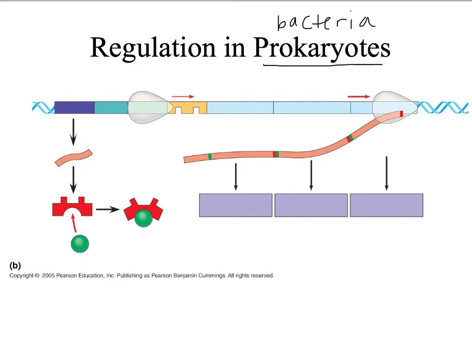The pathway that you're seeing here in this diagram of regulation is the first regulation pathway, or the first process for regulating gene expression, that scientists figured out. So it's a kind of famous one, and it is called the lac operon.